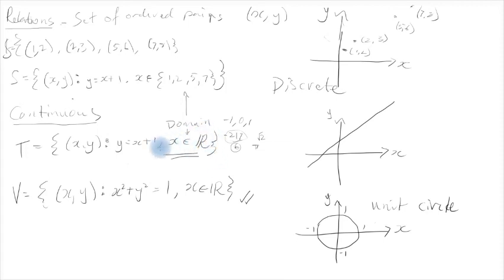So often, if this default domain is the case, we don't bother writing out this whole big, specific way of writing our relation. We just write the rule. So in the case when our domain is the real numbers, we might just write y equals x plus 1. And that is what you've been in the habit of doing in your years 7 to 10 so far. Just thought I'd flag that for you.